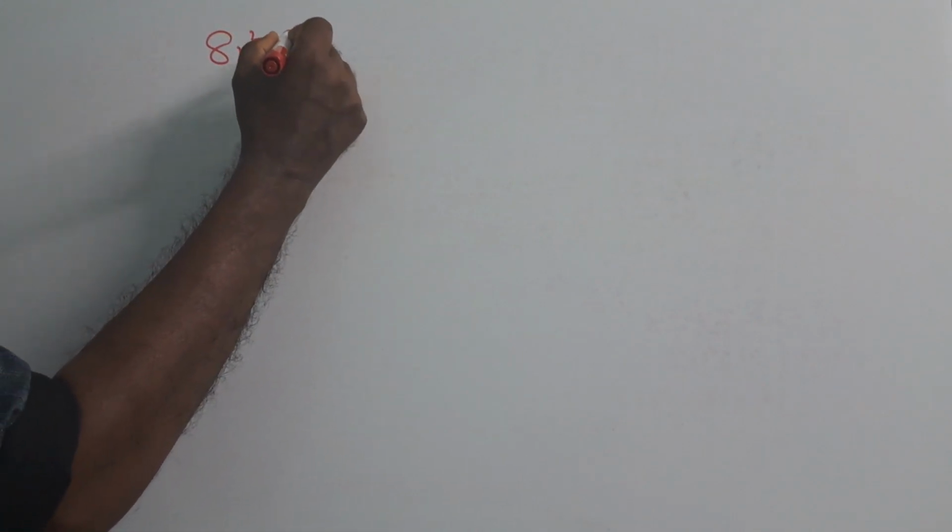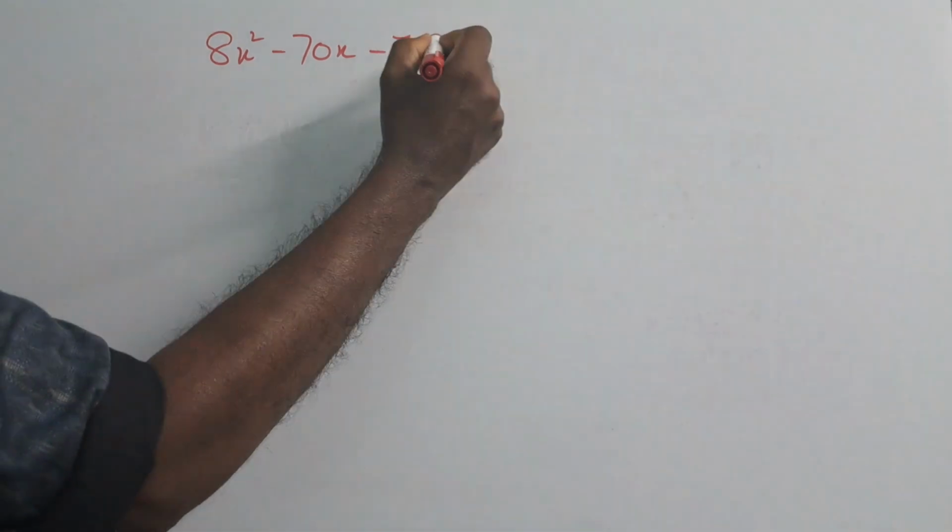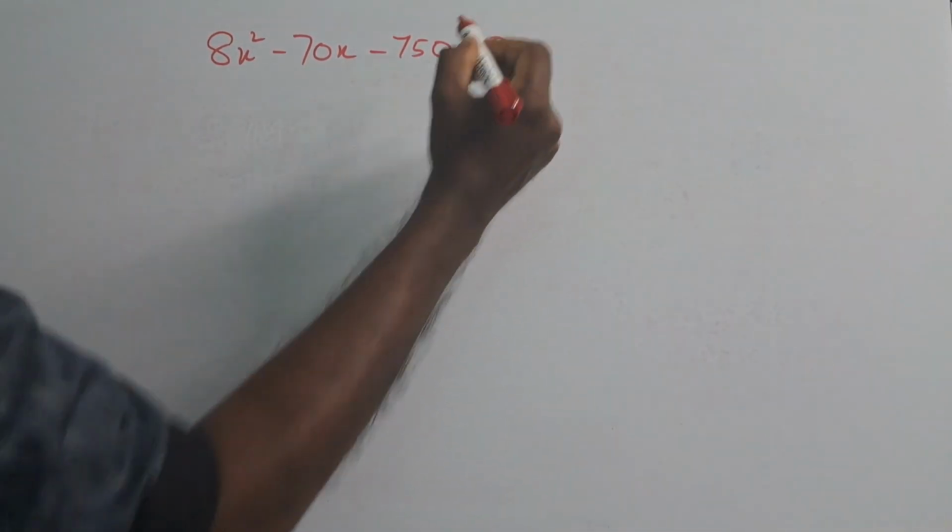Now we have 8x square minus 70x minus 750 is equal to 0.